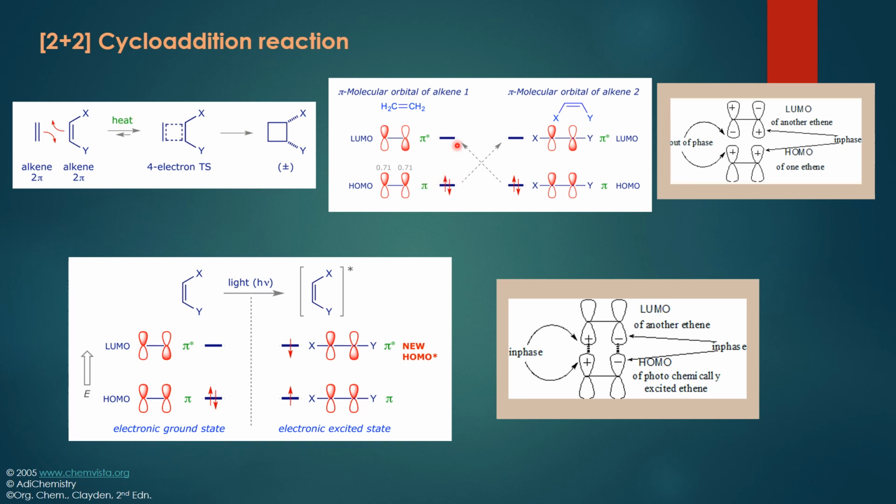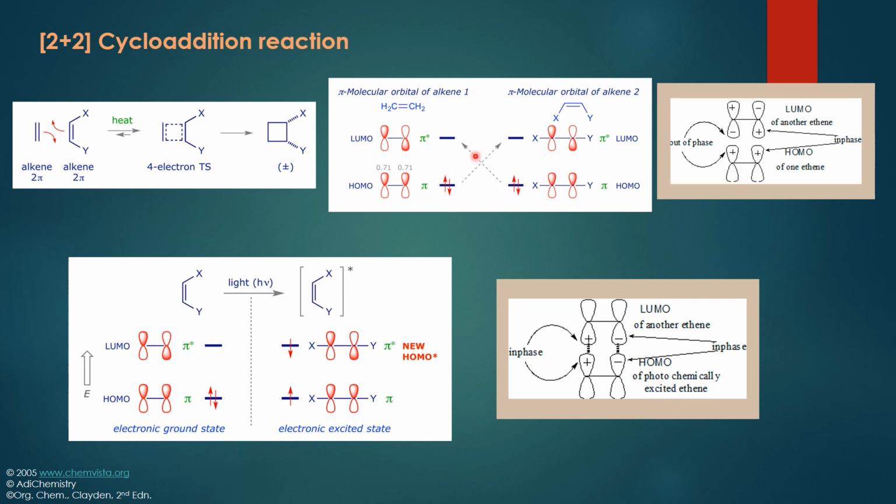So what happens when these two alkenes interact? The HOMO of one alkene donates electrons to the LUMO of the other alkene. This can take place like this or like this, that means two cases can take place.